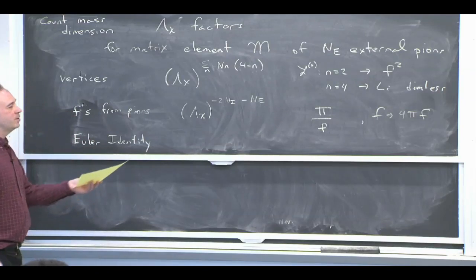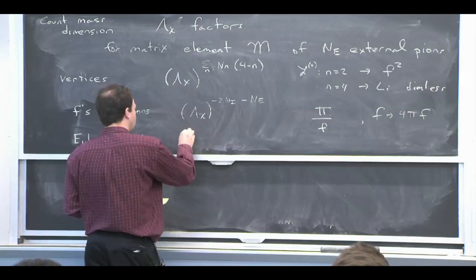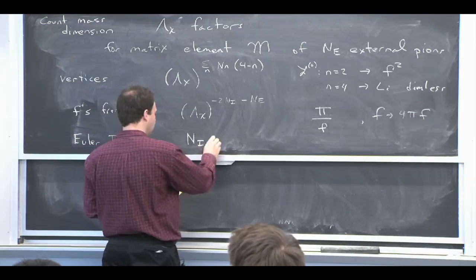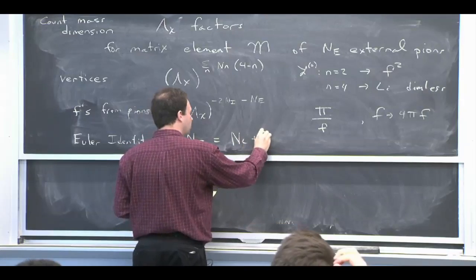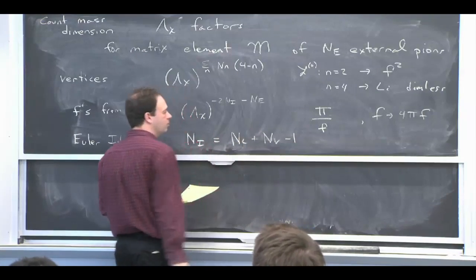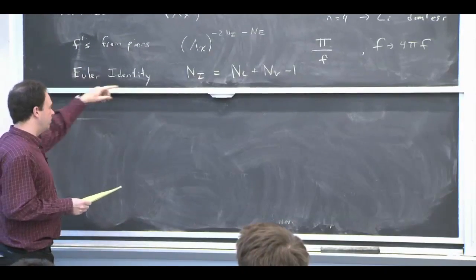Topologically, these different things that we enumerated are not unrelated. So the Euler identity tells us that the number of internal lines is the number of loops plus the number of vertices minus 1. And so we use that to get rid of Ni.